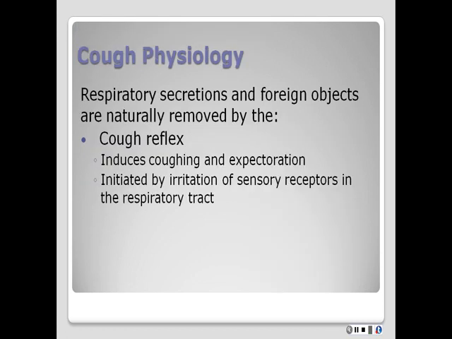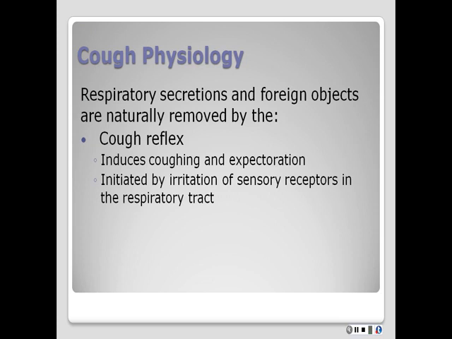So we'll talk a little bit about cough. Respiratory secretions or foreign objects are naturally removed through cough. So the cough reflex induces coughing or expectoration, or getting things out.